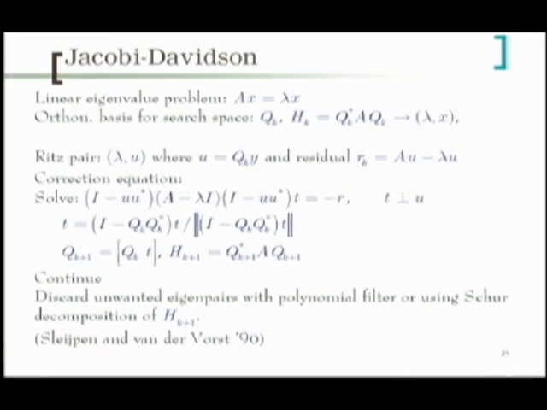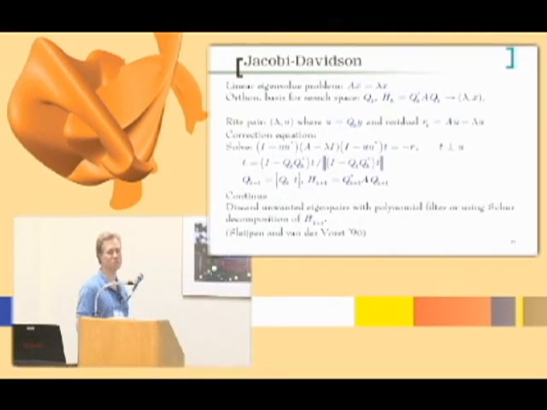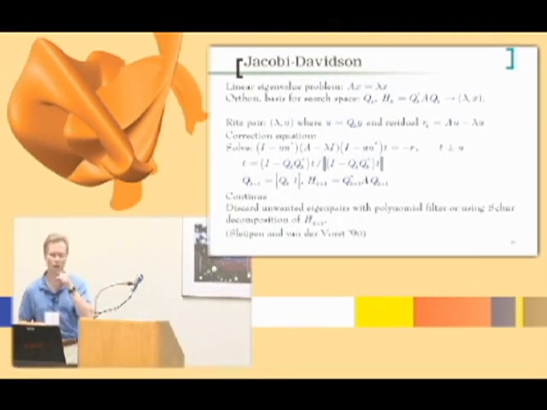But the other nice thing is that the way you extend this search space is by a linear solve, and we know how to do that very well. So, for example, you can also find a preconditioner for this system. You have to solve slightly different systems, so you may want to update your preconditioner as well.